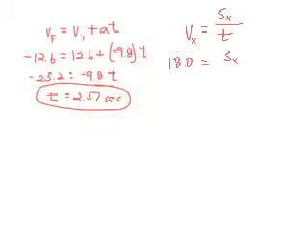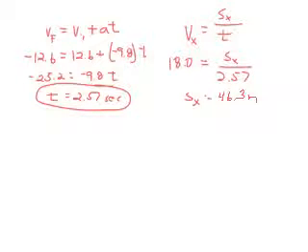Looking for s sub x. t is 2.57 seconds. So you simply multiply 2.57 times 18, and that is 46.3 meters. That's quite a toss because that's right around 50 yards. That's a pretty good pass.